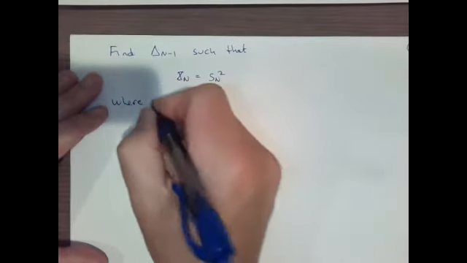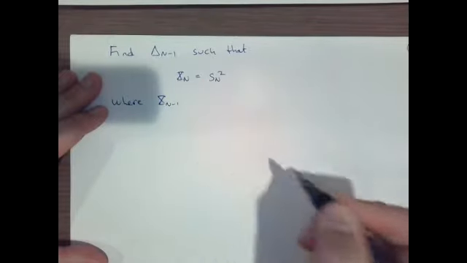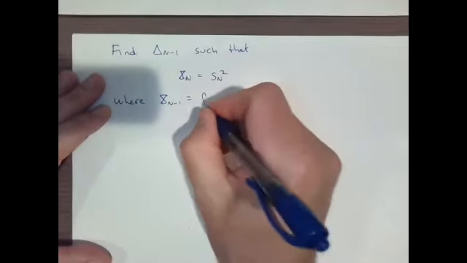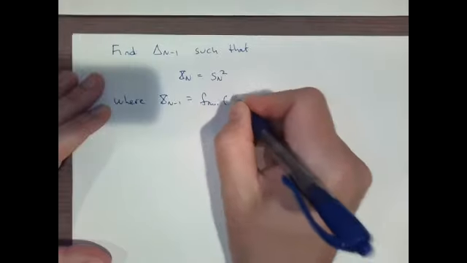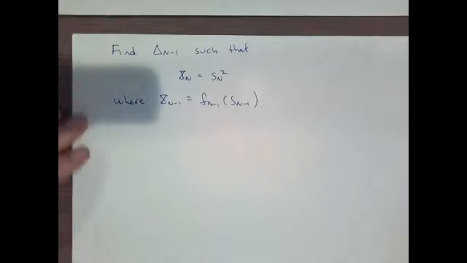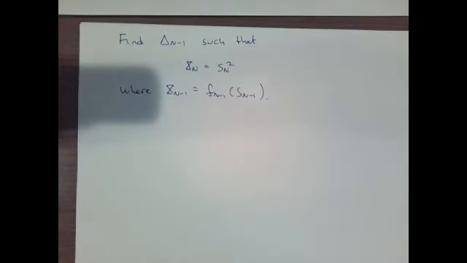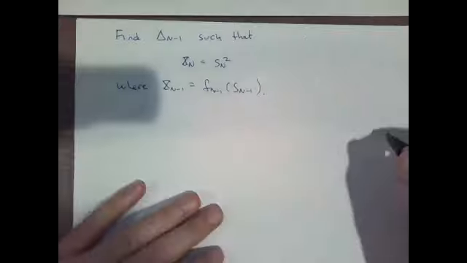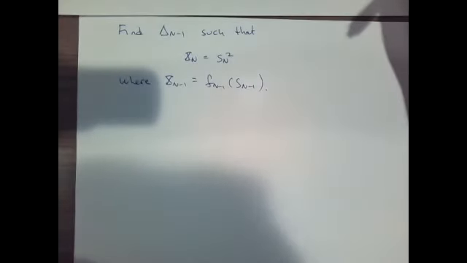where the wealth at the previous time is exactly that thing we had up on the previous slide. This was f_{n-1} of S_{n-1}. So how do we do that?